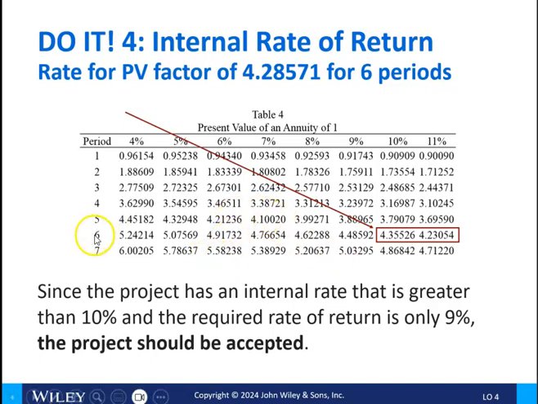We know it's 6 years, so if we go across that 6-year column, the 4.2857 doesn't exactly match one of these, but it's in between 10% and 11%. So since the project has an internal rate that is greater than 10%, and the required rate of return is only 9, we should accept the proposal.